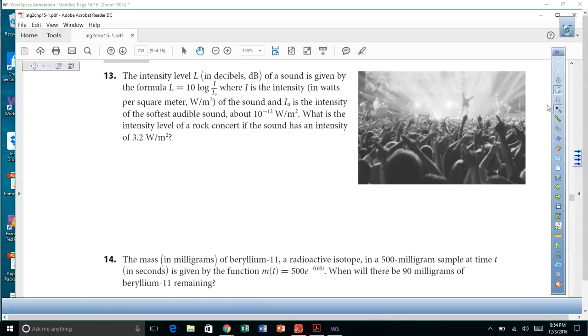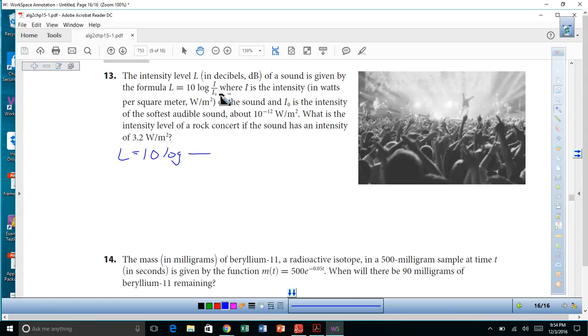Okay. So what do we got here? We've got L equals 10 log, and then I, that's going to be 3.2 divided by 10 to the negative 12.